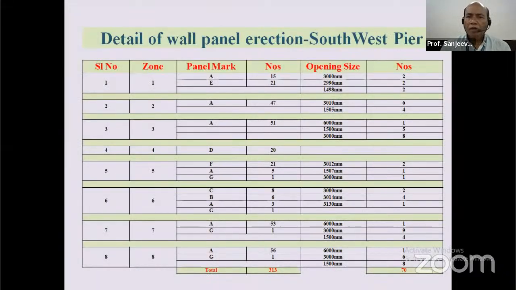So detail of the wall panel erection for Southwest Pier zone wise is already given, and the opening size and the numbers and all the details are given here. The panel marks A, B, C, D, A, E, D, G, the panel mark number and the total are given here. So detail of the wall panel erection for Southwest Pier as it was constructed for Mumbai International Airport project.